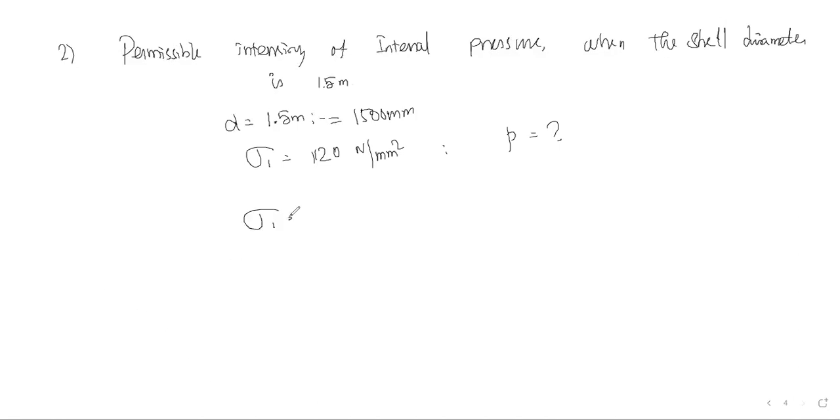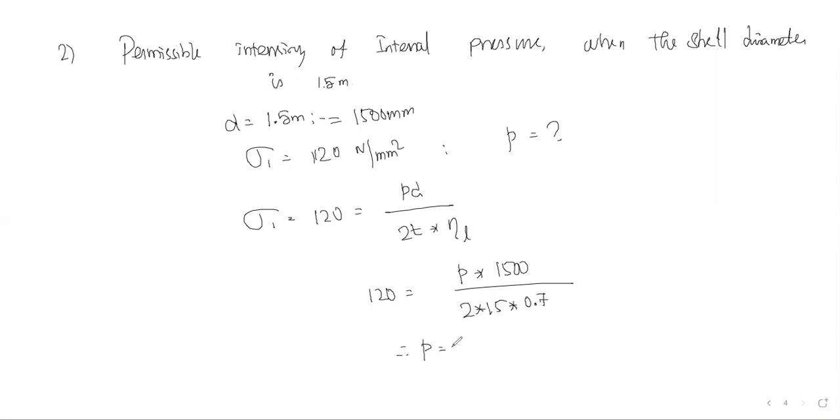So with respect to efficiency, sigma 1 is equal to P into D divided by 2 times T into eta L. So 120 is equal to P, we have to calculate, into D, which is 1500, divided by 2 into thickness 15 mm and 0.7. Therefore, P is equal to 1.68 Newton per mm square. This is the value of P with respect to the first.